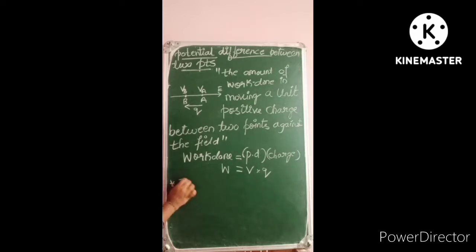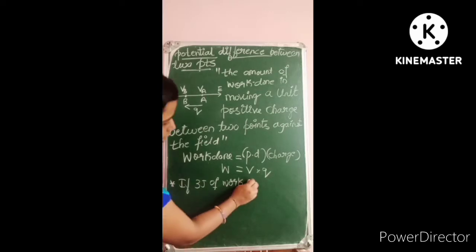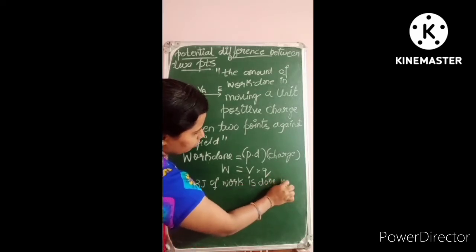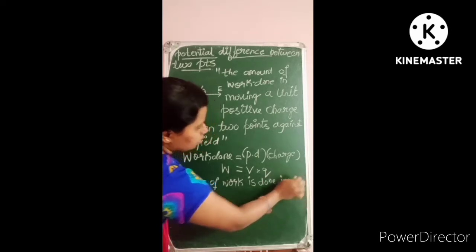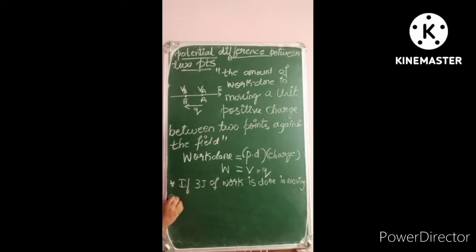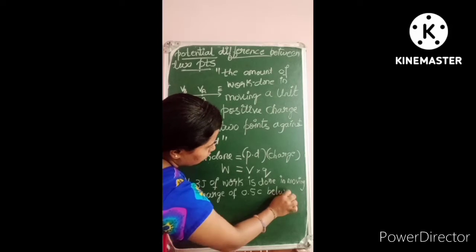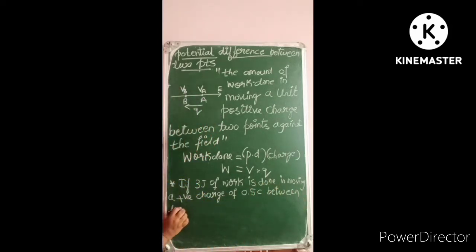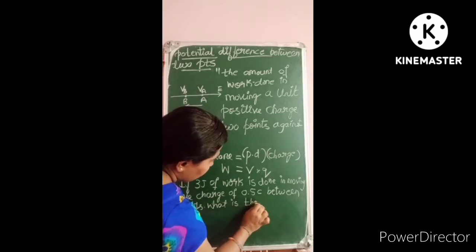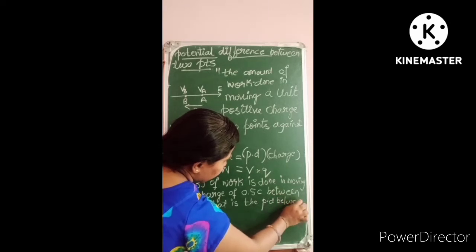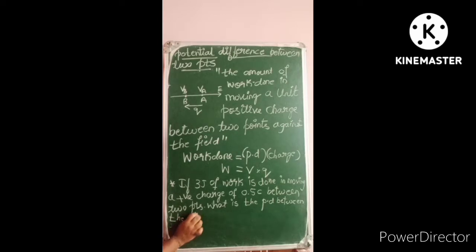Suppose the problem is if 3 joules of work is done in moving a positive charge of 0.5 coulomb between 2 points, what is the potential difference between the 2 points?